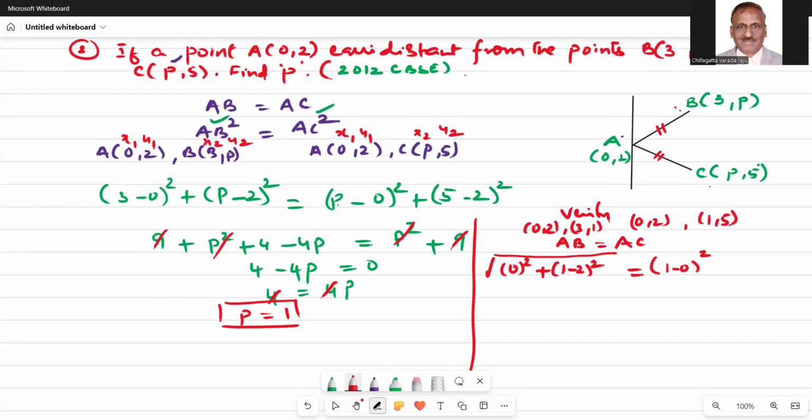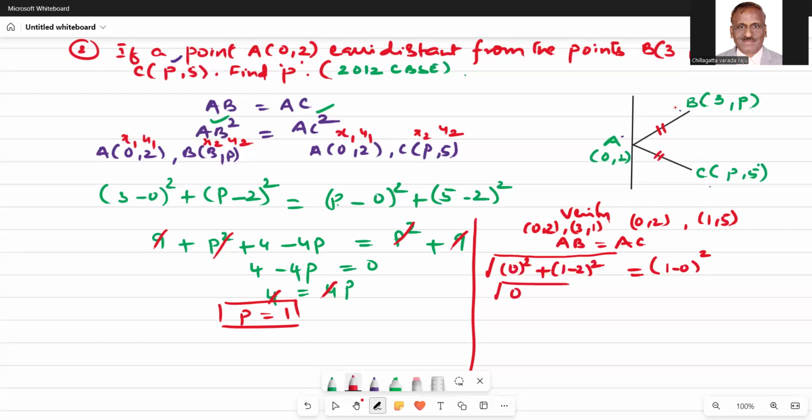P is equal to 1 we got. What is your B? 3, 1. A is 0, 2. And C is 1, 5. 1, 5 only, correct? Okay.